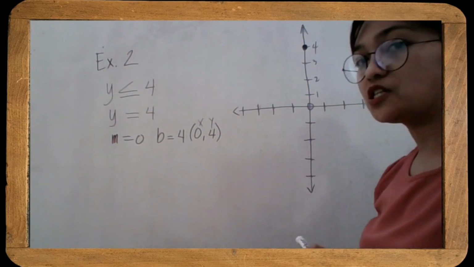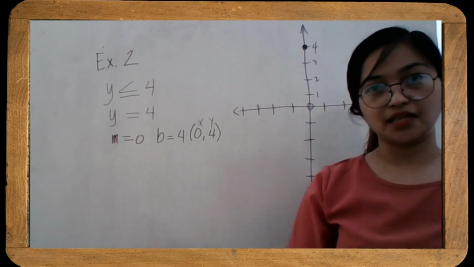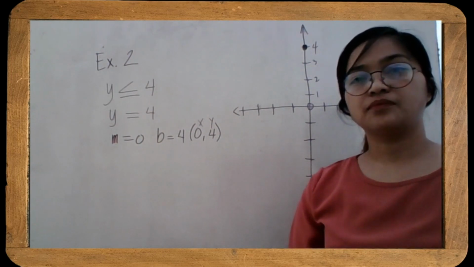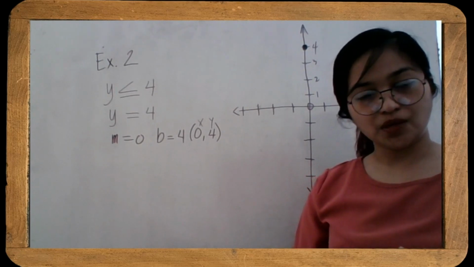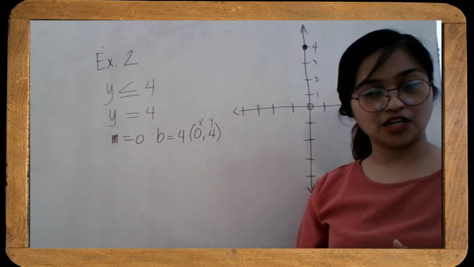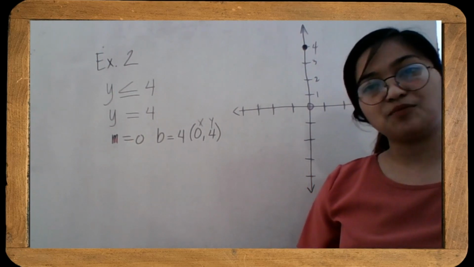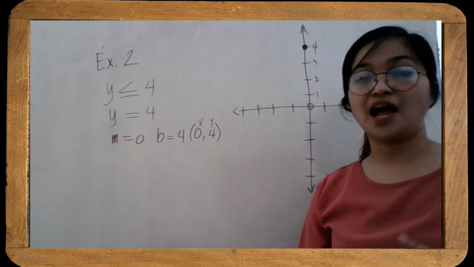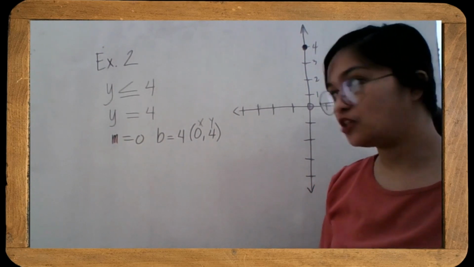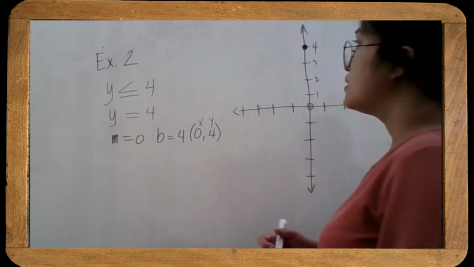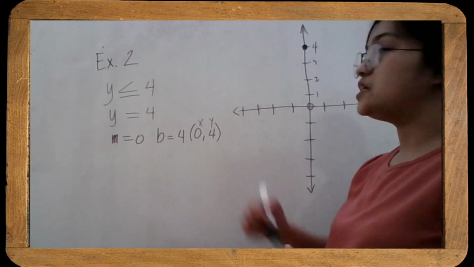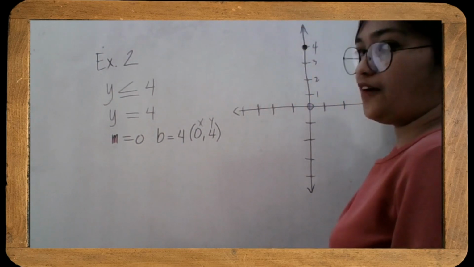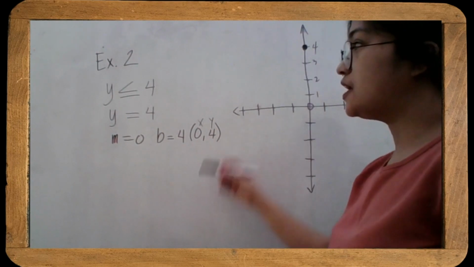Paano mo siya i-graph? Kung ang slope daw ay 0, ibig sabihin, walang pagbabago sa movement. Hindi siya magra-rise, wala ring movement sa run. Walang rise over run. Ibig sabihin nun, pag tayo ay nag-graph, isang diretso lamang. Okay? So, anong gagawin po natin?